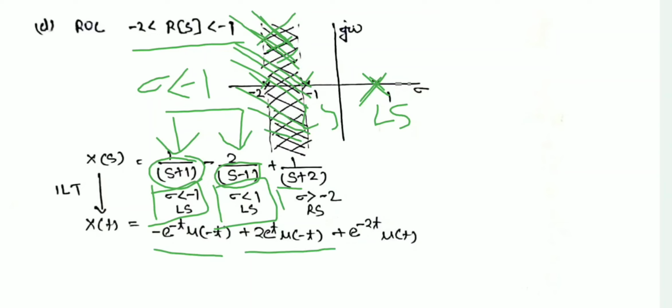But in the last case, to become a strip, sigma should be greater than minus 2, which means it is a right sided signal.